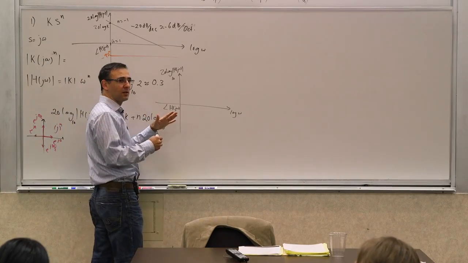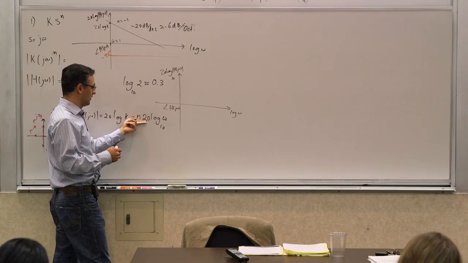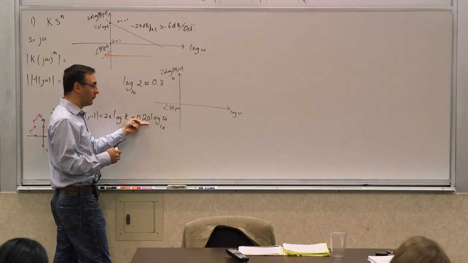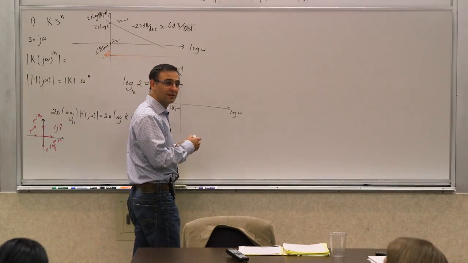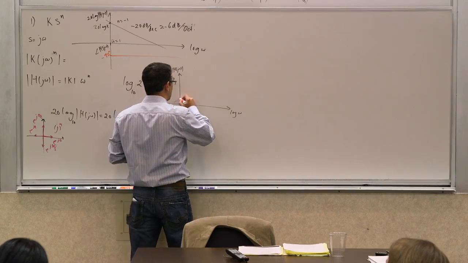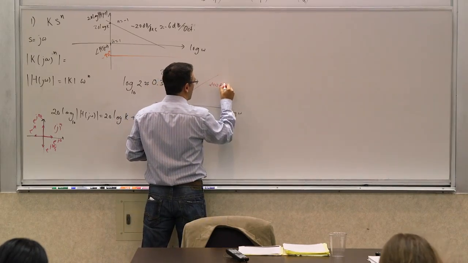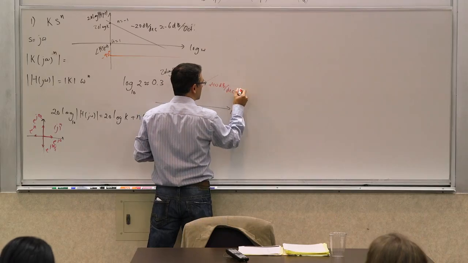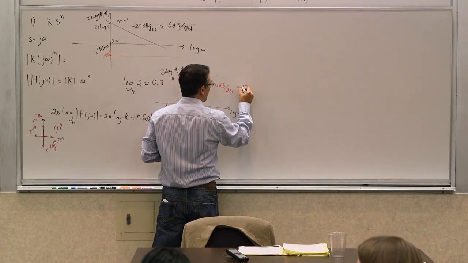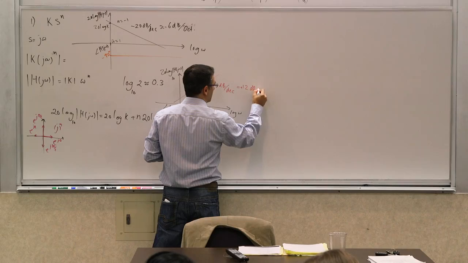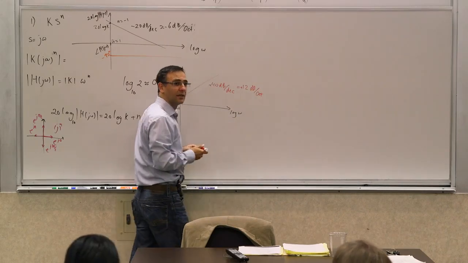And what's the slope going to be? Plus 40 dB per decade, exactly. If you wanted to express it per octave, what would it be? 12 dB per octave. Yes, very good, thanks.